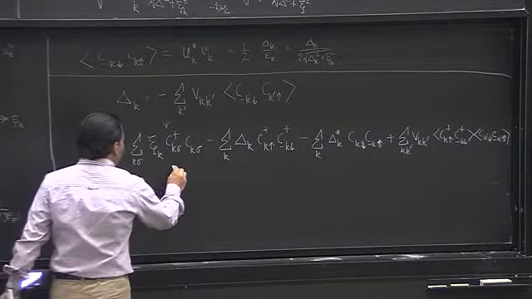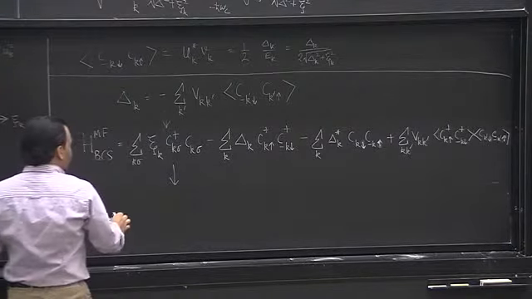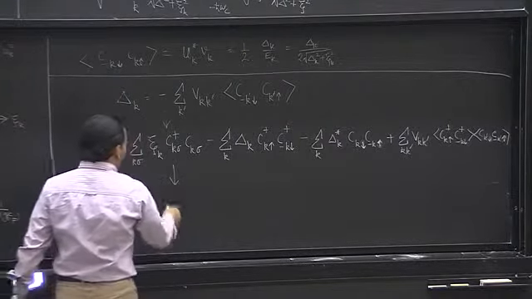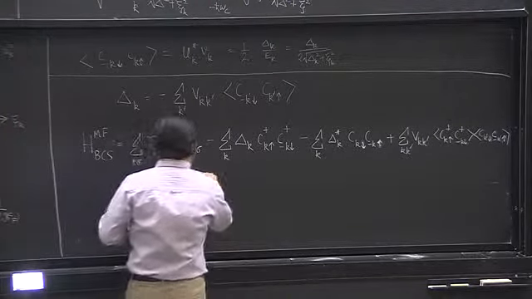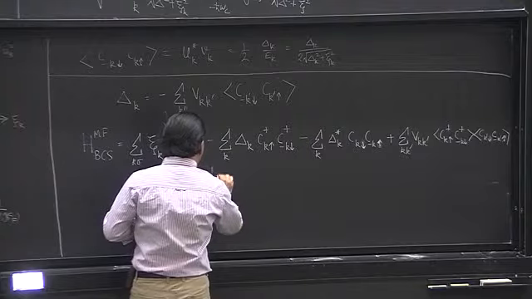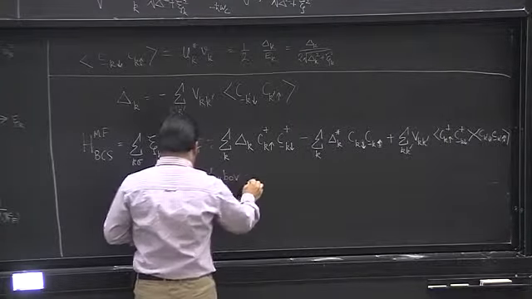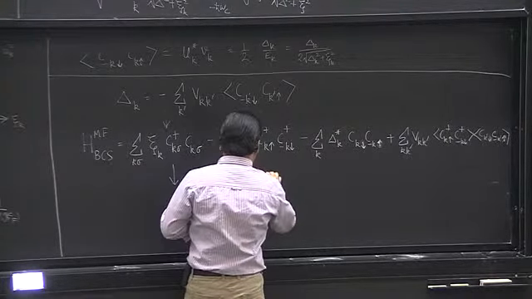So this Hamiltonian can be diagonalized, and it can be diagonalized using a trick which is known as the Bogoliubov-Valatin transformation.